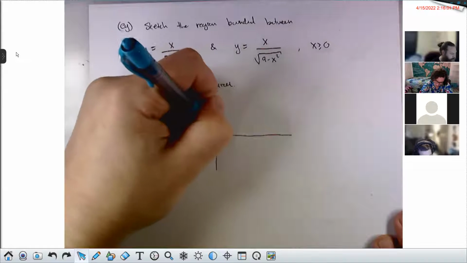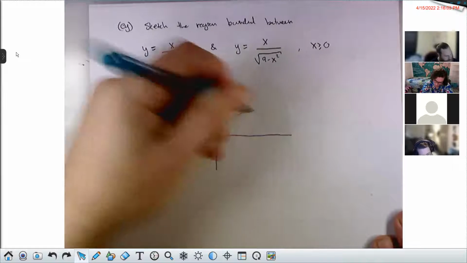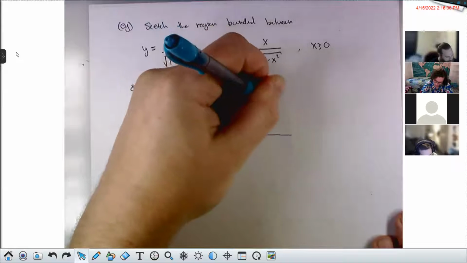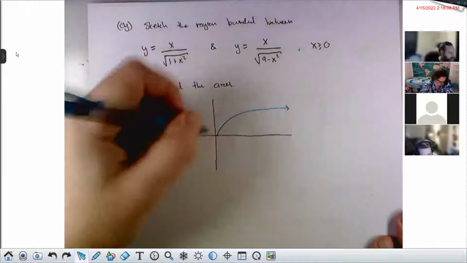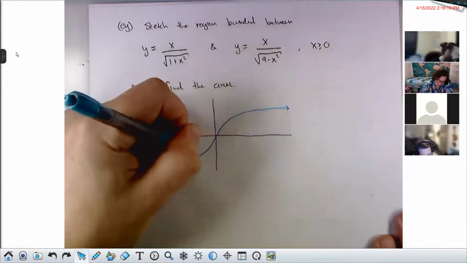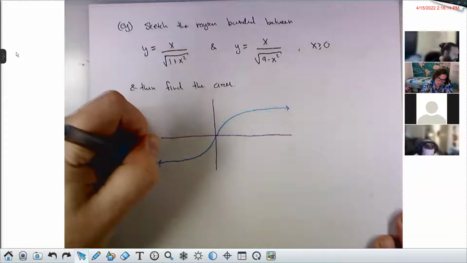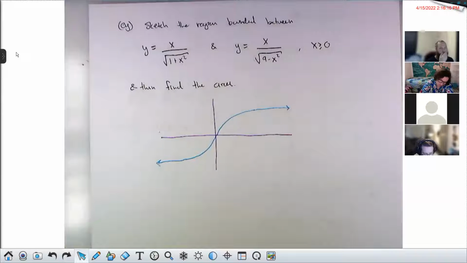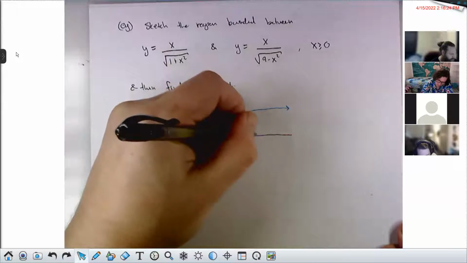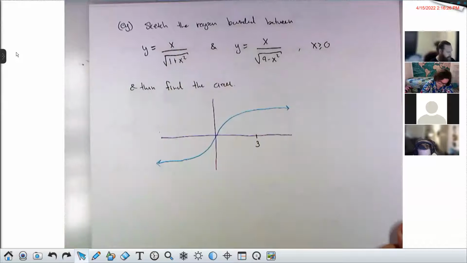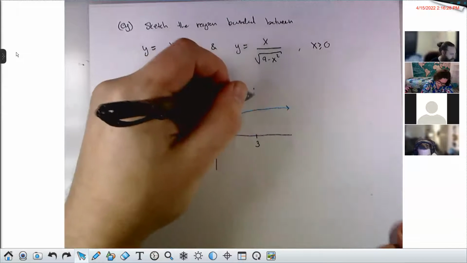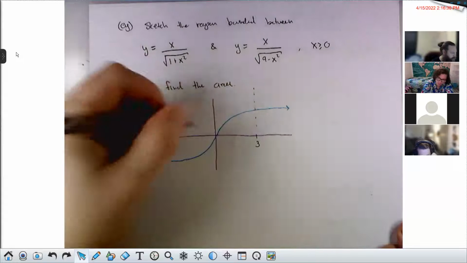The first curve is looking kind of like a logistic curve, if you've ever seen one of those. Or a little bit like the inverse tangent function, which we should be familiar with. That's the first guy. And the second guy, I mark this as like 3. The second guy is going to have vertical asymptotes at x equals plus and minus 3.